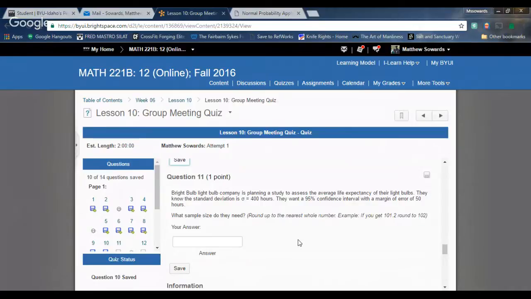So here we do the z-score times the standard deviation, right? 400. Yep. And then we divide that by the margin of error, which is 50. Mm-hmm. And then don't we just square that whole thing?